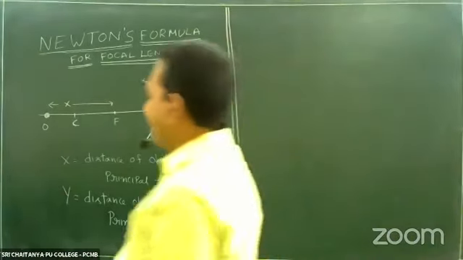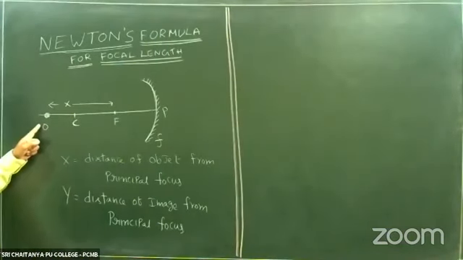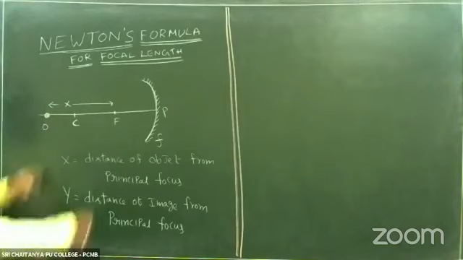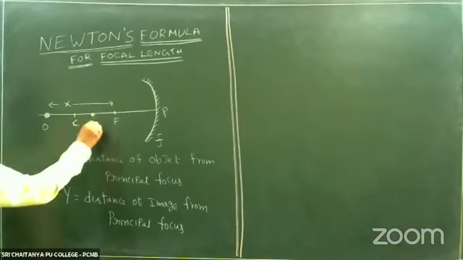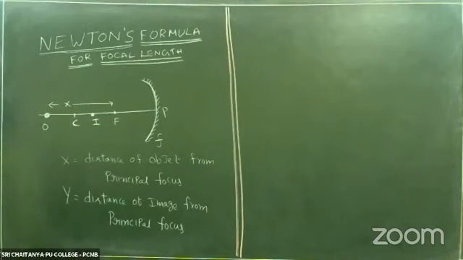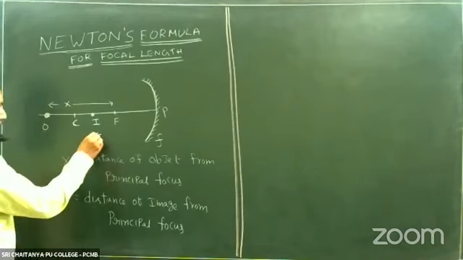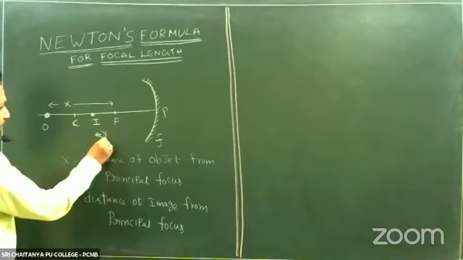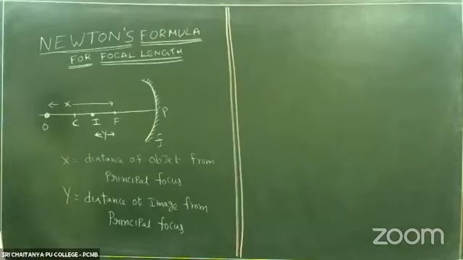If the object is beyond the center of curvature, where will the image be formed according to the rules? The image will be formed in between the center of curvature and the principal focus. This is the point image. From the principal focus, the distance of the image is y.